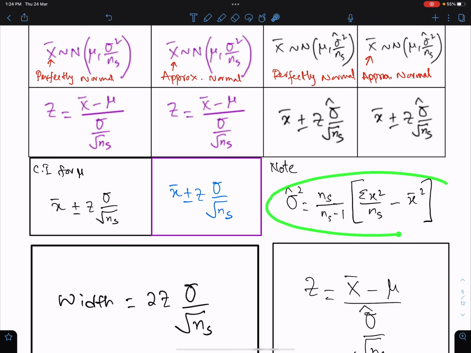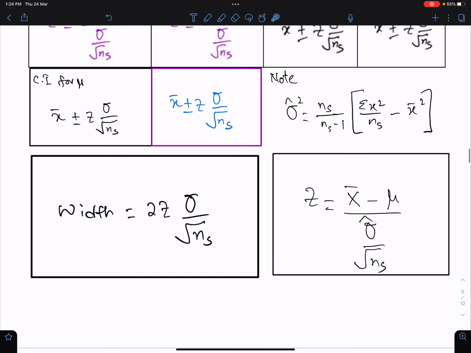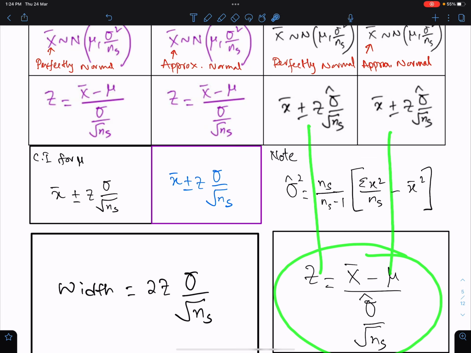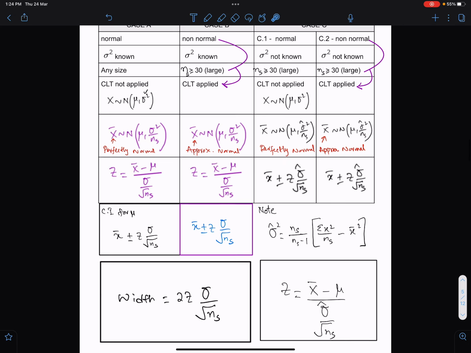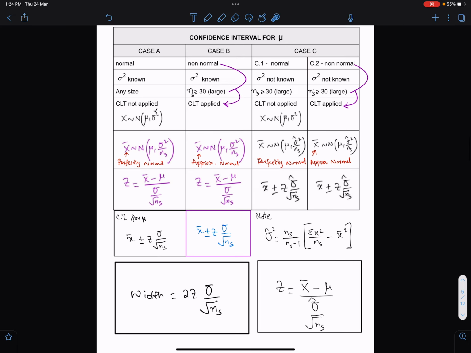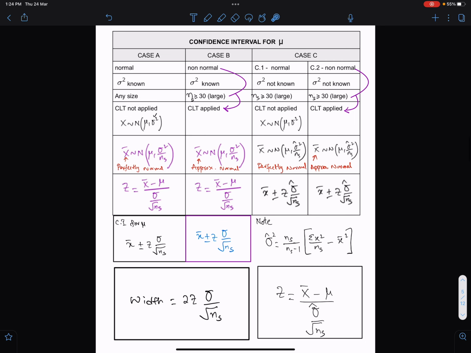And this is the formula of the unbiased estimate of population variance. Here we use the standard deviation. And this is the formula of z for these two cases. This result is here. And this is the width of the confidence interval. This table is extremely important to understand and organize the formulas of confidence interval for population mean.